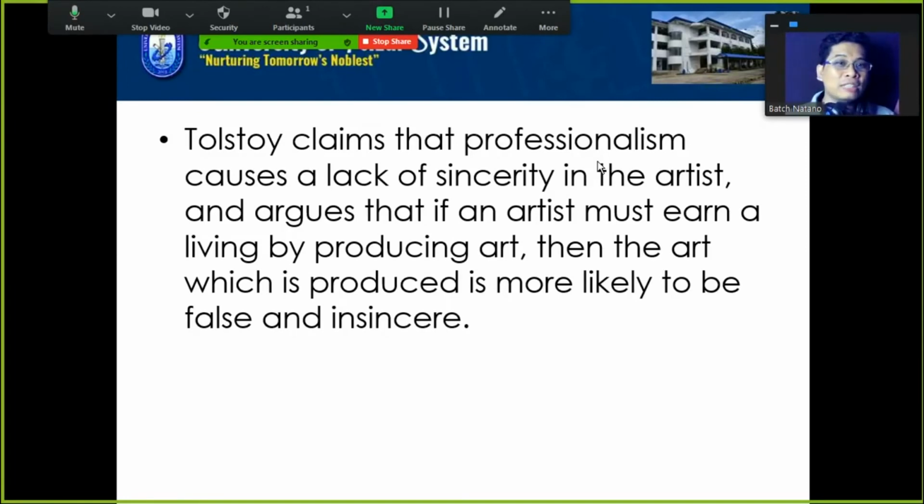Professionalism causes a lack of sincerity in the artist. Tolstoy argues that if an artist must earn a living by producing art, then the art produced is more likely to be false and insincere.